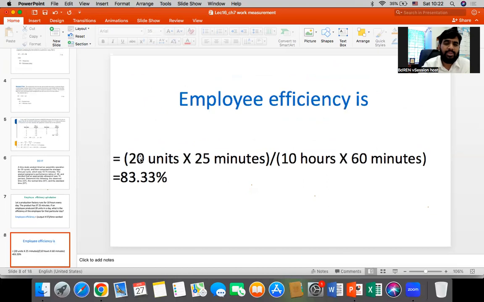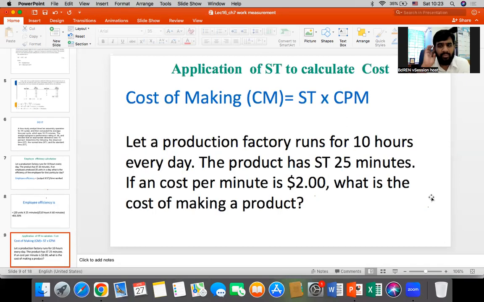So the solution is given 20 units multiplied by 25 minutes equals 500 minutes divided by 10 hours multiplied by 60 minutes. 60 minutes is 1 hour, we are just converting hours into minutes, and our efficiency rate of the employee is 83.3%.